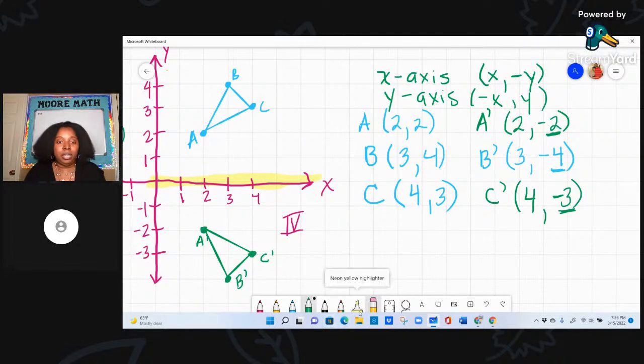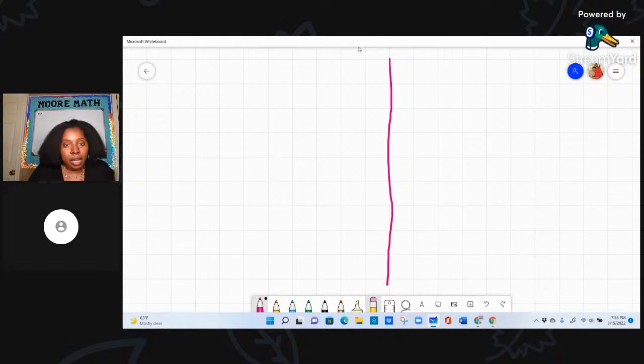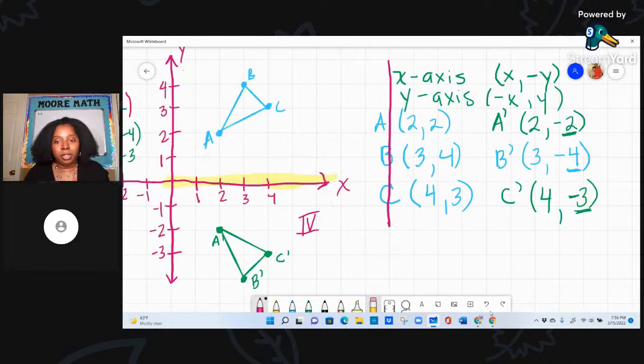All right, let's get rid of all of this, and let's do it again. Okay, so I'm going to give you a figure. And I want you, all right, I don't know where it went. Okay, I want you to tell me, oh my goodness.